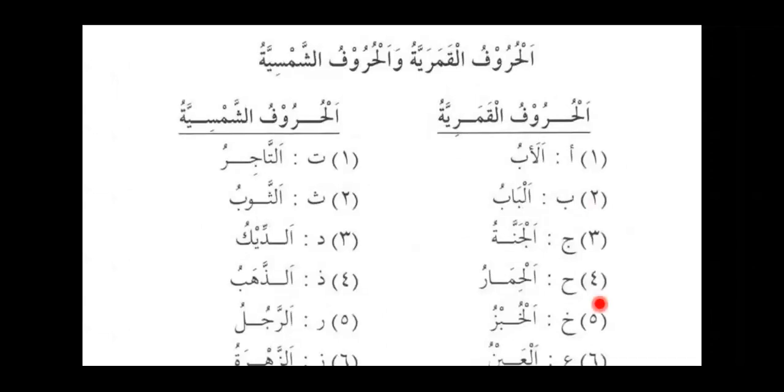These are 28 letters, 14 on the right, 14 on the left. Alif is not there. If alif were there, it would have been 29, which is the total. So on one side are the letters of al-huruf al-qamariyya, and on the other side are al-huruf al-shamsiyya.